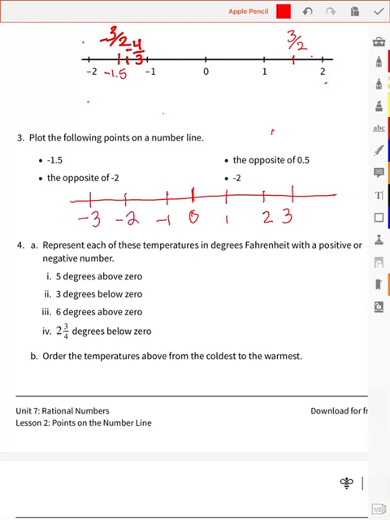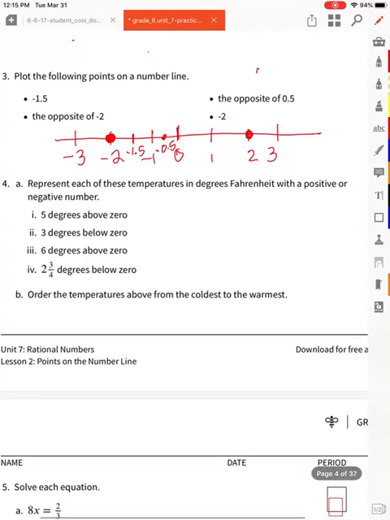And -1.5, they like that, -1.5 is right there. The opposite of -2 is 2, so we'd plot that one there. The opposite of 0.5 would be a -0.5. And the opposite of -2, no, not the opposite, actually -2.